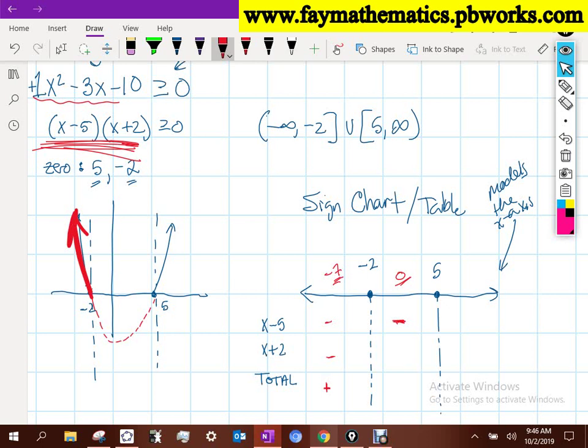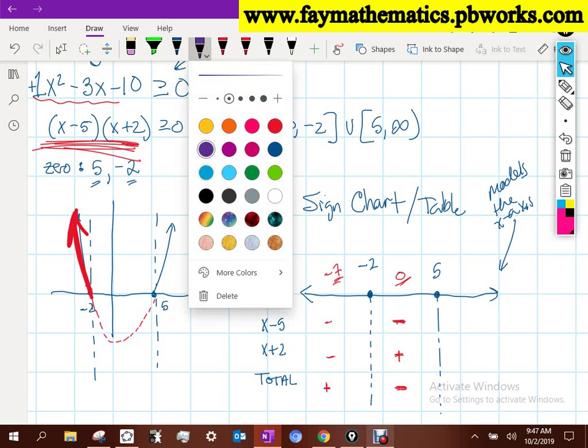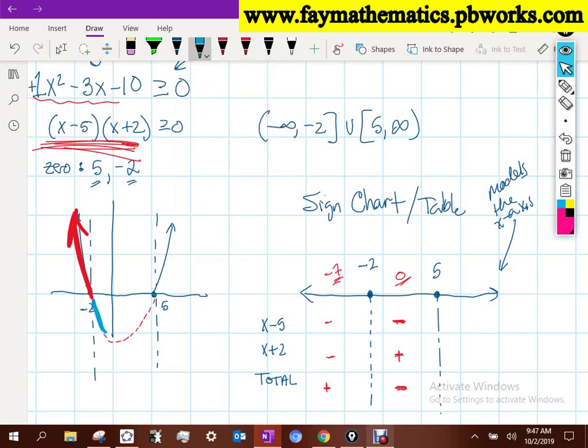So any number in between -2 and 5 that I chose, if I subtract 5 from it, is still going to give me a negative. What's 0 plus 2? Positive, right? What's a negative times a positive? A negative. Does that model what we were looking at in our graph over here, that between -2 and 5, you were below the x-axis?